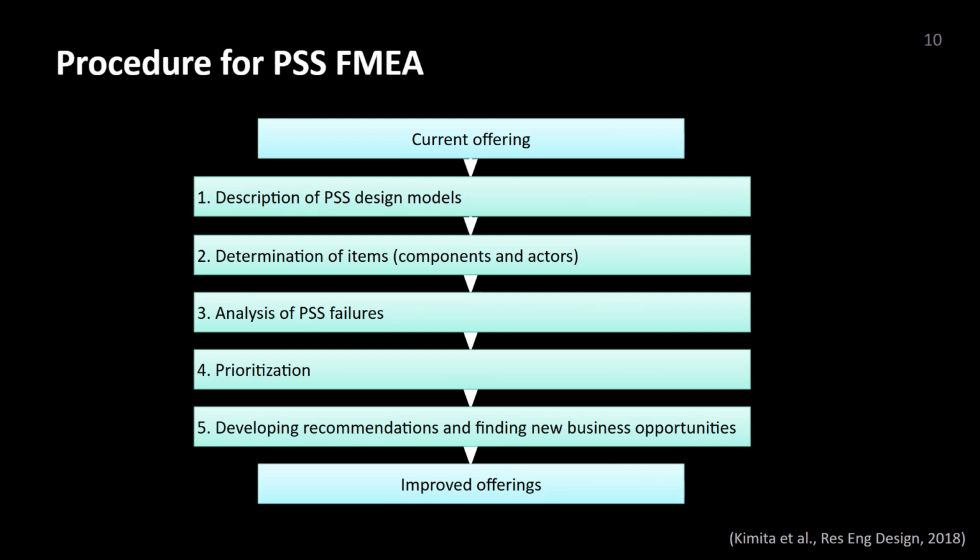And then number four, after the analysis, the failures are ranked in terms of priority and thereafter prioritized. The last step is developing recommendations and also finding new business opportunities, as I already mentioned multiple times. So uncertainty can be used as a business opportunity.